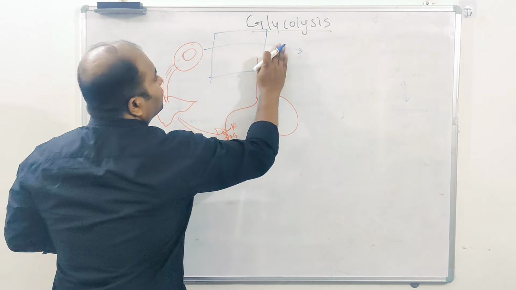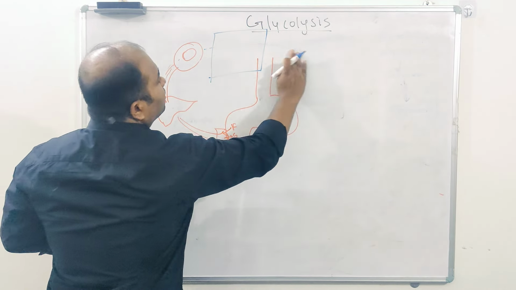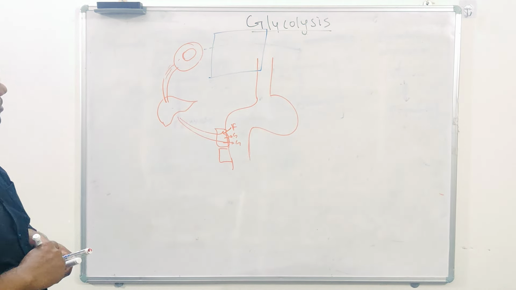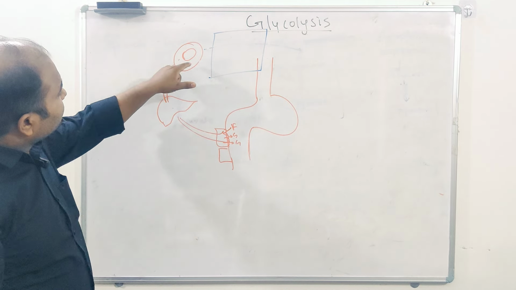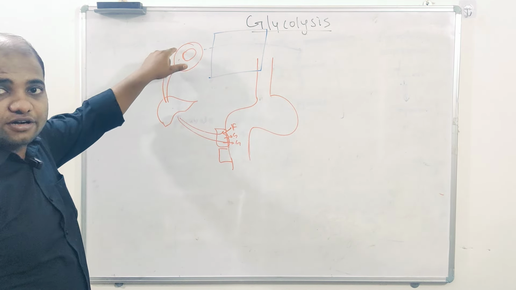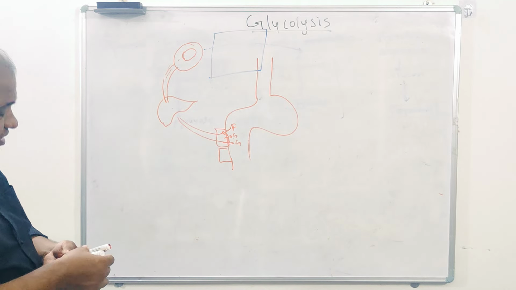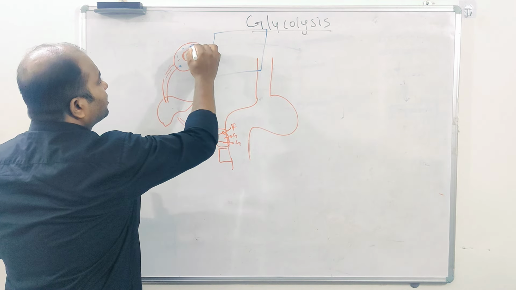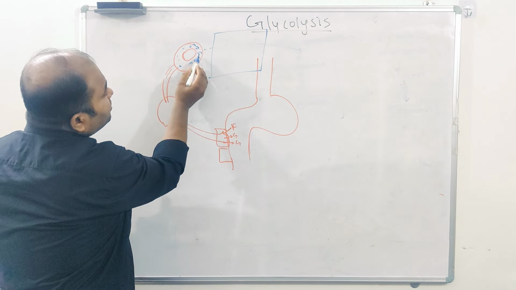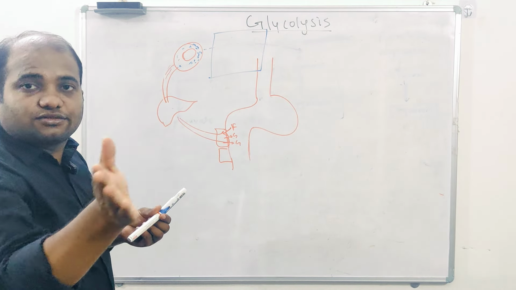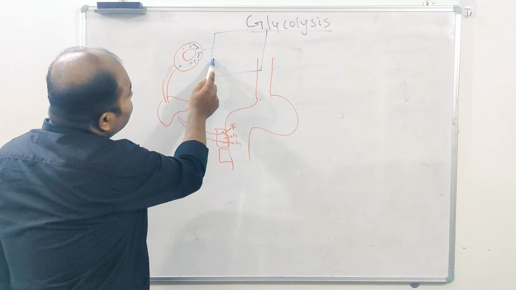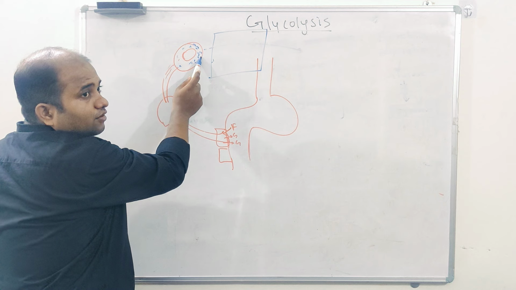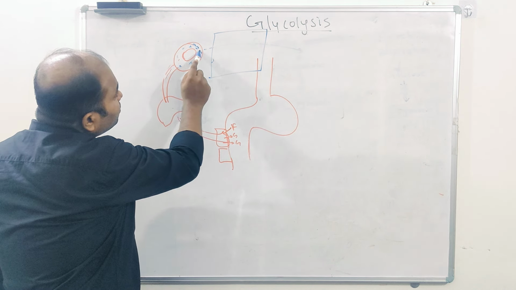Let's assume this is a cell. These are systemic capillaries, and from this capillary area the glucose is reaching here. Once this glucose reaches here, the capillary membranes are permeable to glucose. This is the cell membrane, and this one is the capillary membrane or blood vessel.